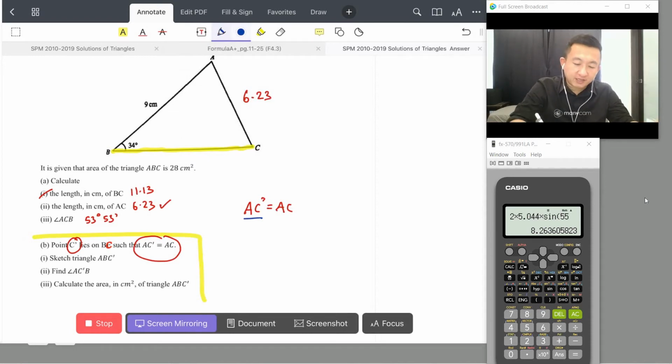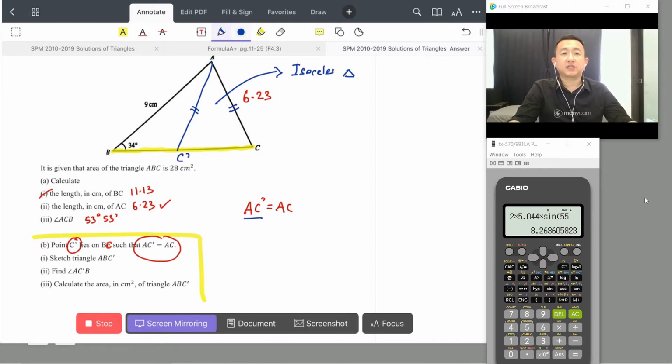It will start from A. What is the keyword that I mentioned just now? This will be an isosceles triangle, right? Well done. Why? Because AC equals AC prime, the length. So it has to be an isosceles triangle.